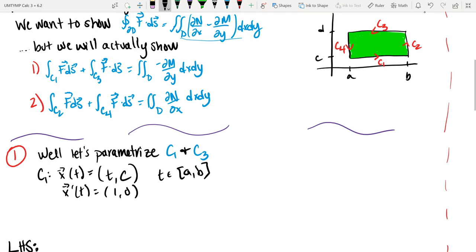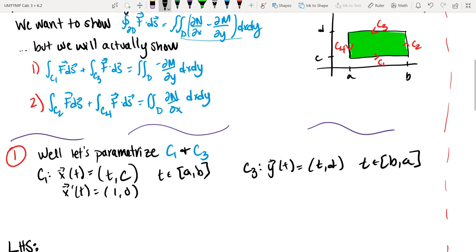Okay, and then similarly when we look at C3, we're going to say that this is another parameterization, say y of t, and this is equal to (t, d), where t is within, okay, I'm going to abuse notation on purpose, and you'll see why. b to a; technically we would say something else, b to a prime, and you would just define a prime to be the same as a.